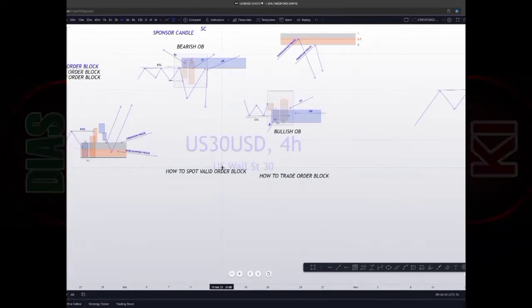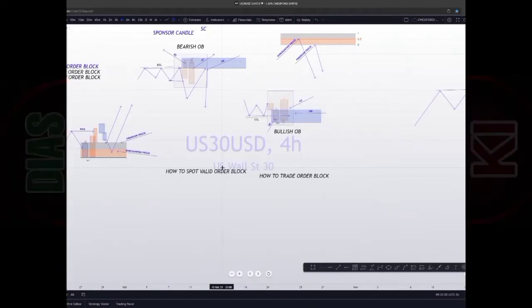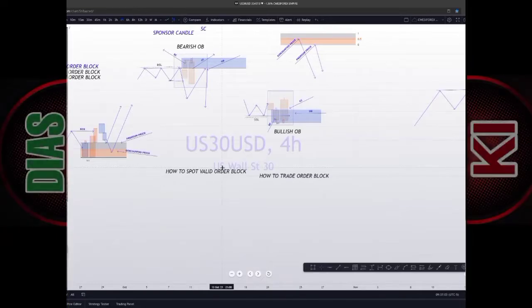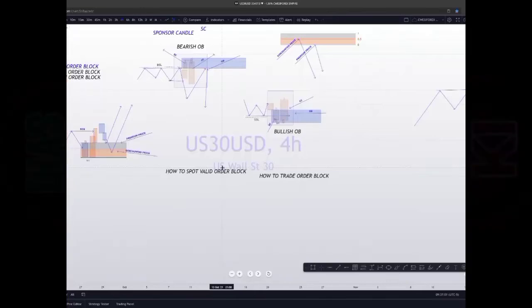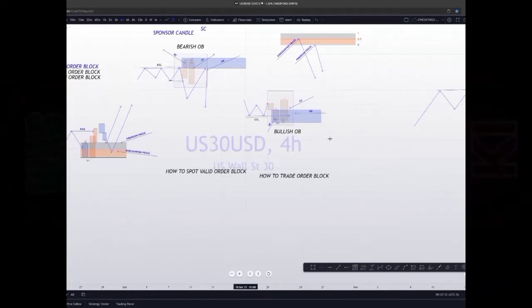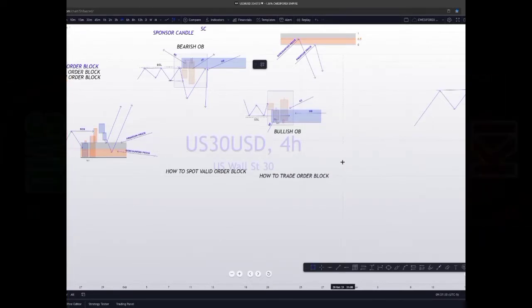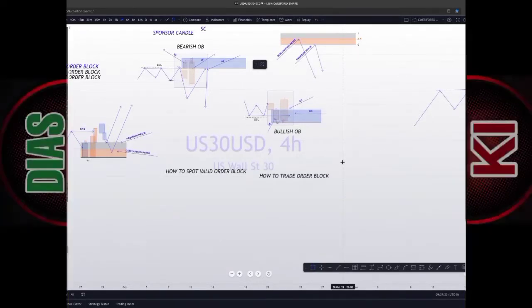So a valid order block needs to take liquidity from either equal highs or equal lows, or grab liquidity from another order block. Two, a valid order block has to take liquidity from an inefficient area. The inefficiency is a topic on its own, and we will be talking much more on that.